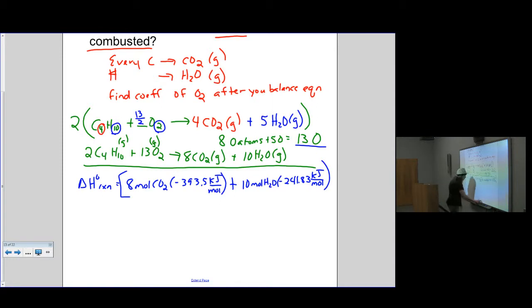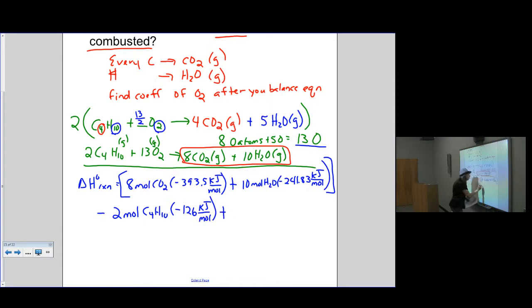So I've taken care of the product side. Now I'm going to subtract from this my reactants: 2 moles of the butane, C4H10, times the delta H of formation, which is negative 126 kilojoules per mole, plus 13 moles of O2. And what's the value for that? 0, because that's in its standard state.